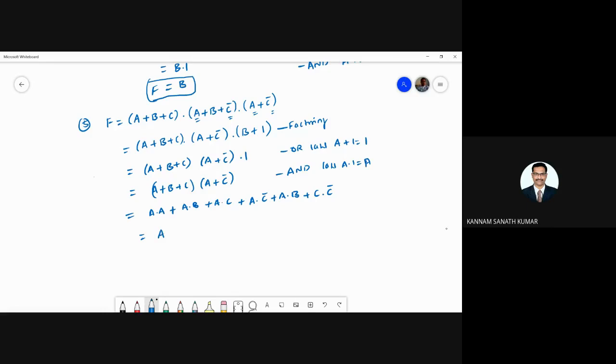A plus AB plus AB. A plus A equal to what we can write? A. So two ABs are written as one AB. Since A dot A equal to what? A itself. So I consider this as one variable. AB plus AB equal to what? AB.